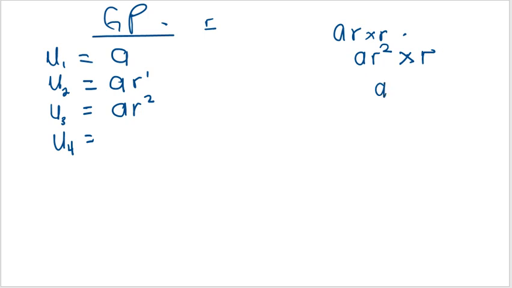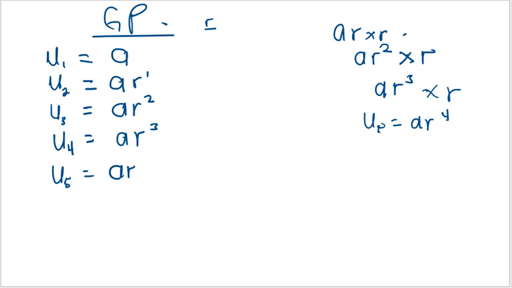Then I'll get ar cubed. Then again, it can continue like that. By multiplying by r again, I'll get U5 equal to ar to the power 4.